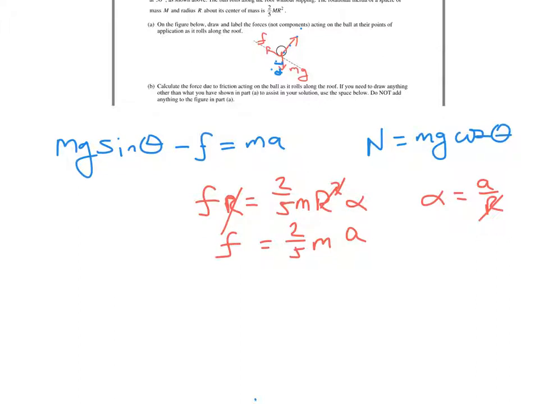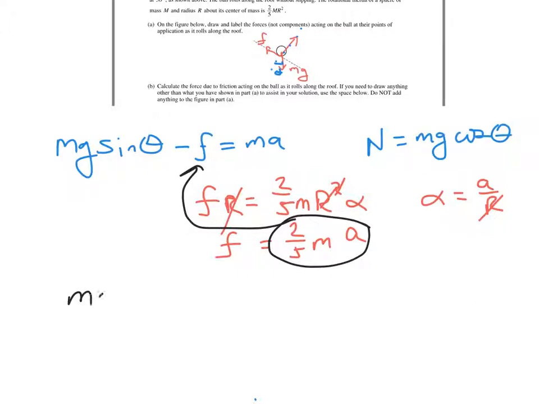We still have two unknowns. Out of the three equations, we still have two really unknown quantities, which are the frictional force and the a. So we have to combine the equations to solve for friction. Good. So we're going to take this and plug it into here.